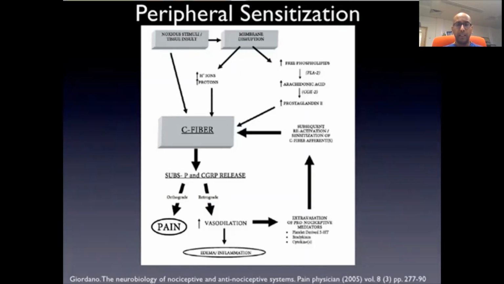So we know that the effects of Pompe in terms of glycogen storage can affect not only the heart, not only respiratory muscle, but also peripheral nerves, leading to an increase in the range of receptors and an increase in the receptive field, and also a reduction in the threshold, or the trigger point, if you like, at which point these nerves may fire.